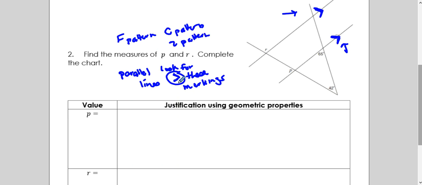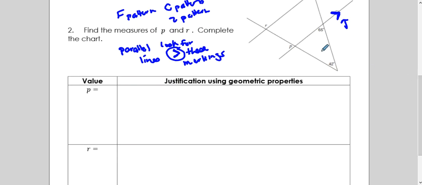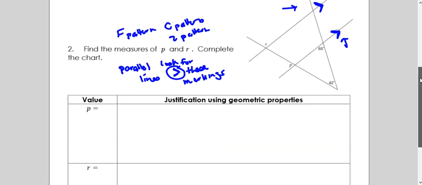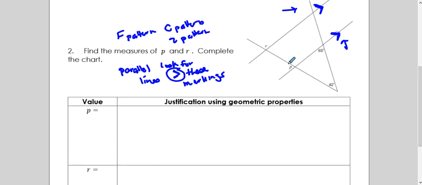As soon as you see that, those patterns probably come into play. Okay, so let's look at this. I've got 42 and 65. It looks like it's probably easier to find P first, but P is going to be related to R as well. So let's give it a go.